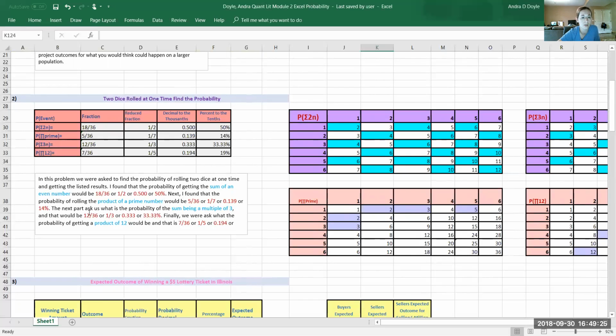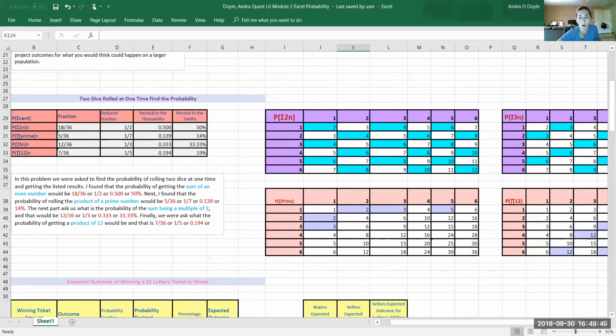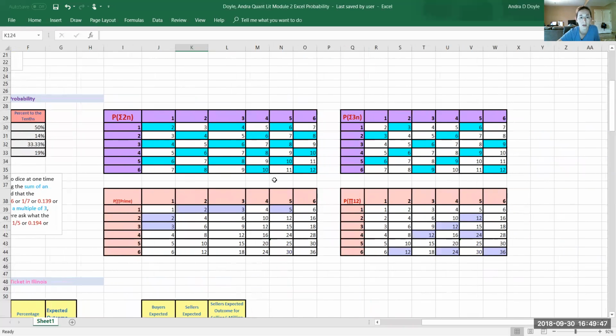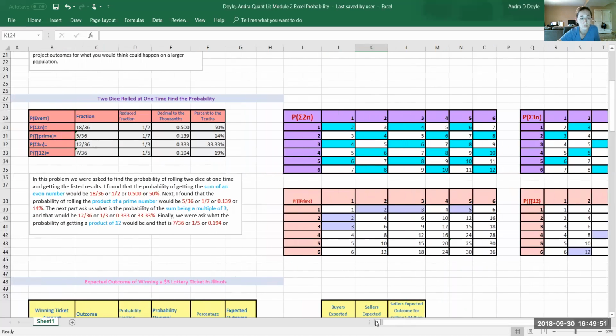Next I found that the probability of rolling a product of a prime number would be 5 out of 36. The sum being a multiple of 3 would be 12 out of 36. And finally, getting a product of 12 would be 7 out of 36. And here are all my charts and tables that I made for sample spaces.